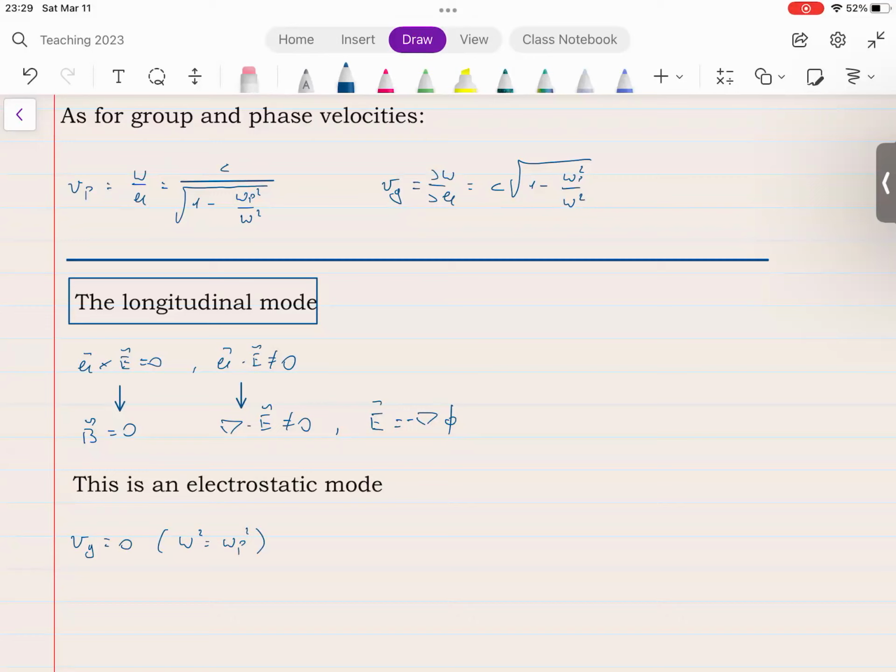So if I take the derivative of omega with respect to k, I get 0. Omega doesn't depend on k. And the phase velocity is just omega over k, or omega plasma over k.